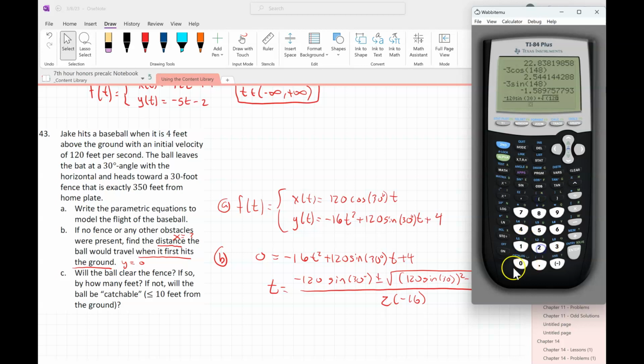I have to make sure I put a parenthesis around that 120 sine 30 before I do the squared, or else it's just going to square the sine 30 part and not the 120 also. So I do have to be a little bit careful there. Otherwise, all I'm doing is filling in the quadratic formula.